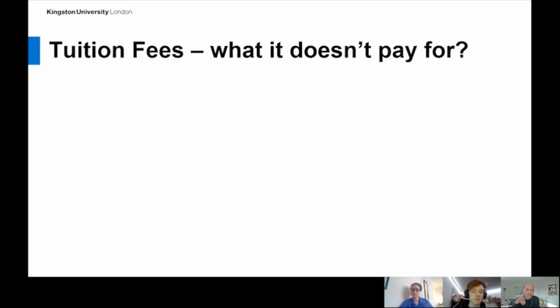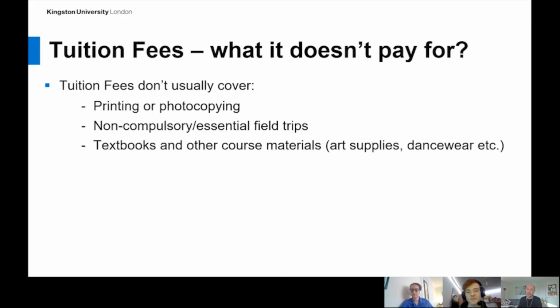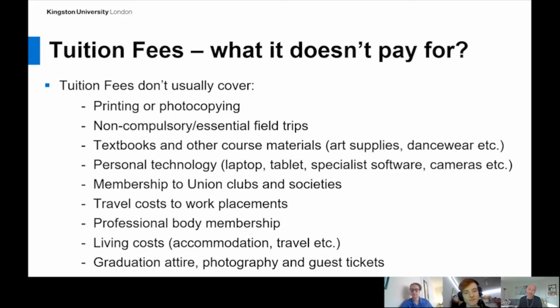And then obviously tuition fees don't go towards your living costs, and that's going to be in another part of another video, so we'll leave that for then. Fantastic, absolutely. So tuition fees don't usually cover all of these things on the screen, and again, feel free to pause the video and check out this list. Yes, textbooks and other course materials, as Liam said.